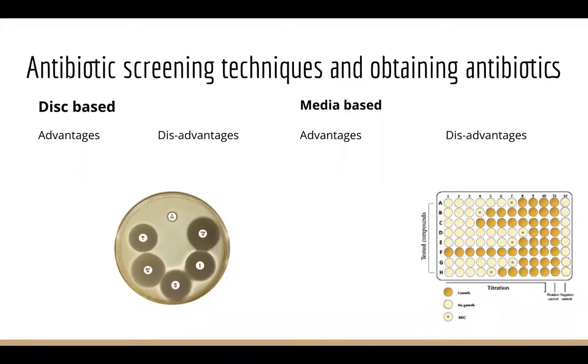But one disadvantage is that these discs can cost quite a lot of money, and it's not quite as accurate as getting MICs like this. It can cost quite a lot in media as well to create this many plates, but the main cost is actually the discs themselves.